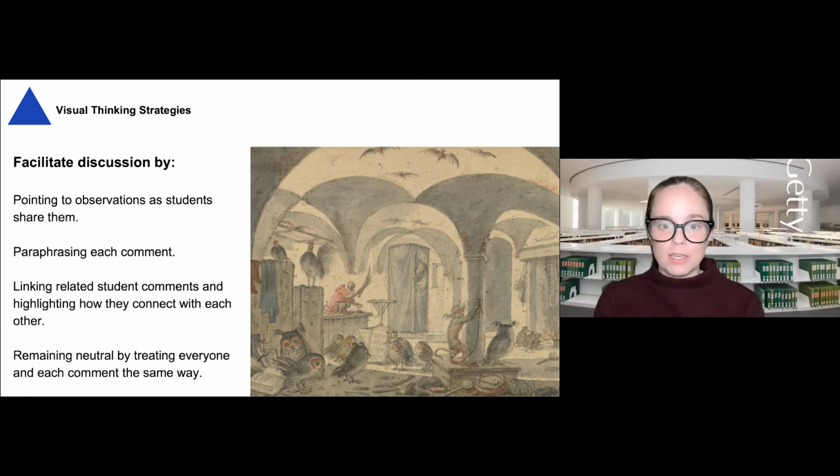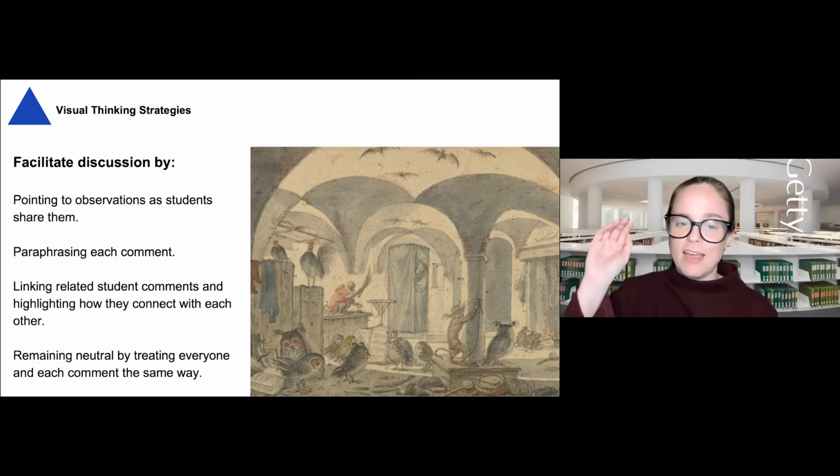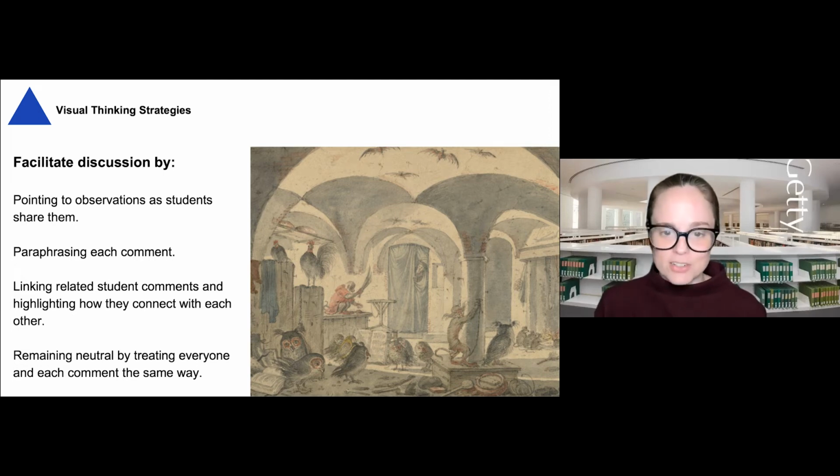Well, this one really encourages you to physically point to the observation so that everyone can see it. This verifies that you're understanding what they're saying, and that also other students can understand and see what the student is observing. And then it also makes sure that the student feels heard.